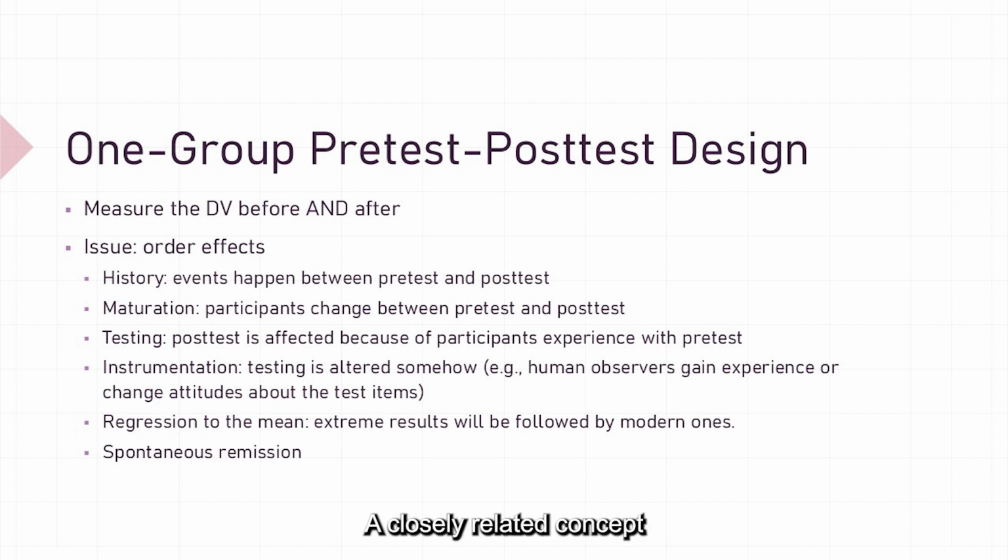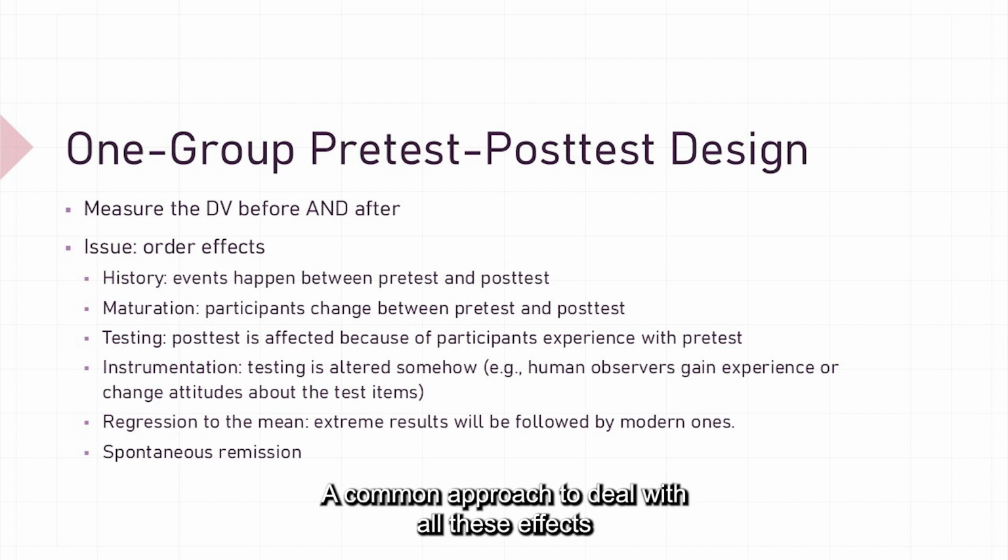A closely related concept is called spontaneous remission. This is a tendency of many physiological or psychological problems to resolve by themselves with time without any treatment. Sadly, it is not always like this.